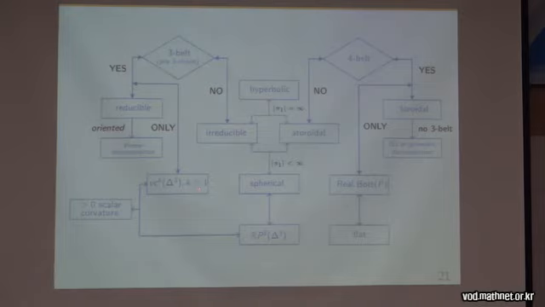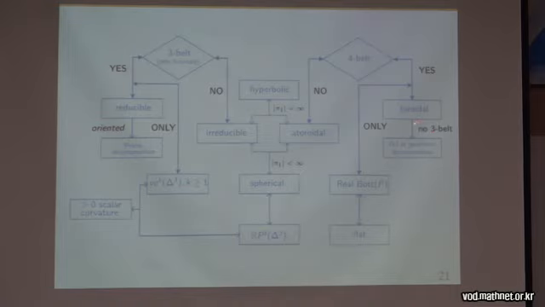And in this part, if there is no 4-belt, if and only if the small cover is atoroidal, and if it has a 4-belt, then it is toroidal.